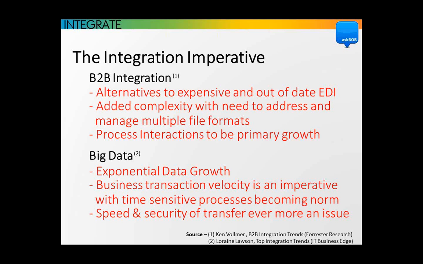EDI alone fundamentally fails to address the growing sources and file formats that businesses need to process today. The trend for being able to accept and use multiple formats has grown exponentially in the past 2 years alone. And businesses that are not addressing these integration issues may be missing business altogether.